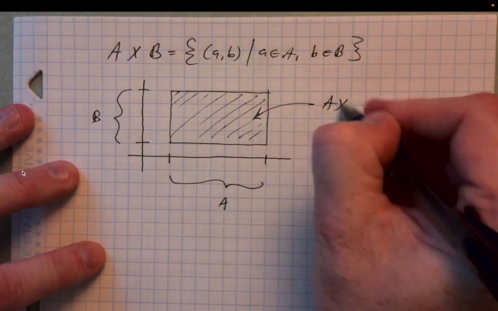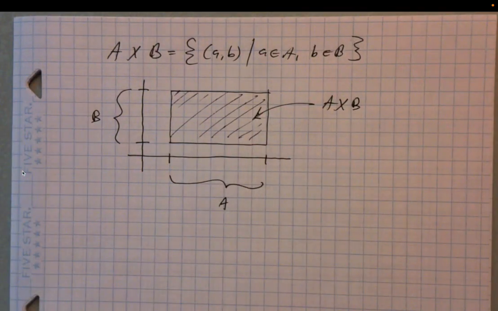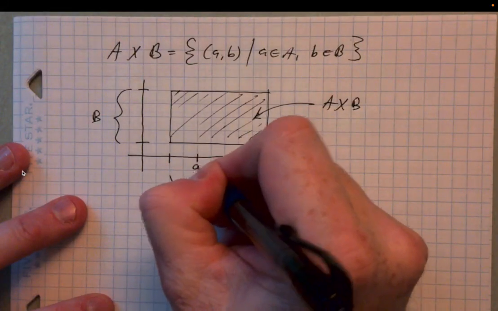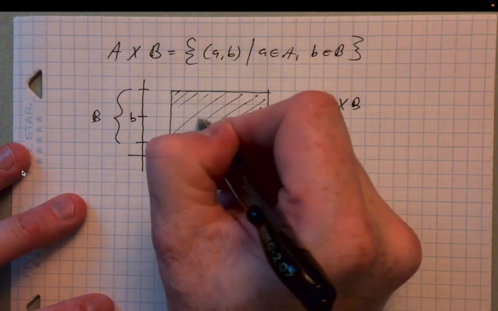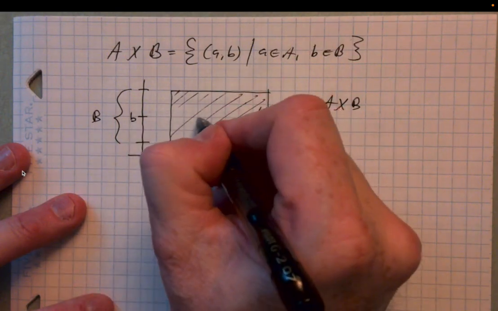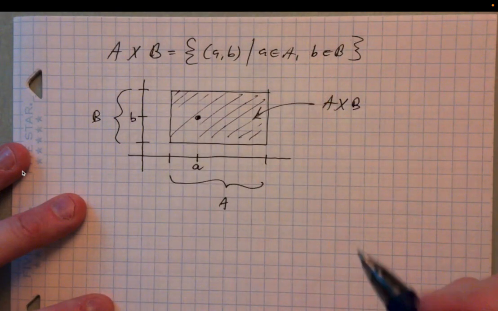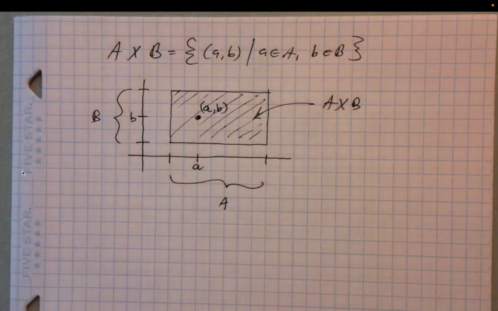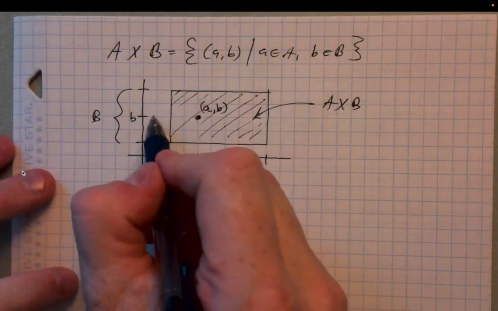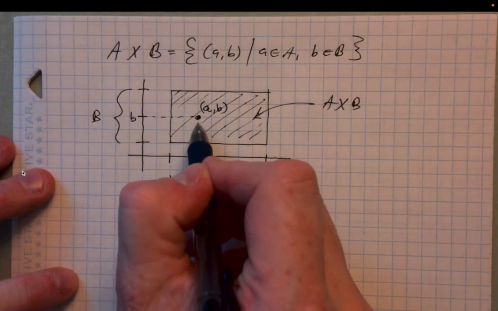This is A cross B. Right, and so for a specific element, maybe little a here and little b here, that element of A cross B is going to reside in the given set at this location where those two intersect. Okay, so you can see that, right? That kind of is clear.